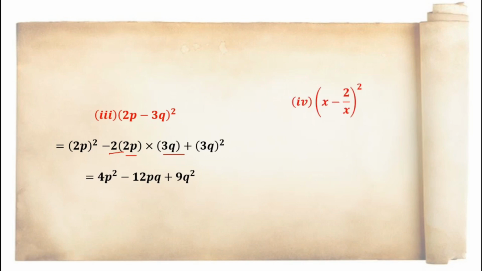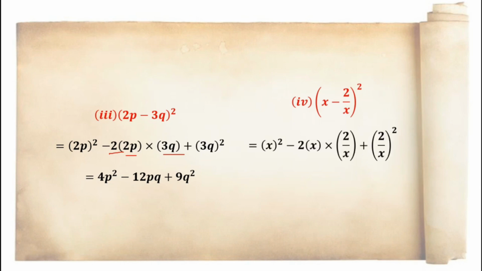And the fourth question is here. (x minus 2 upon x) raised to 2.